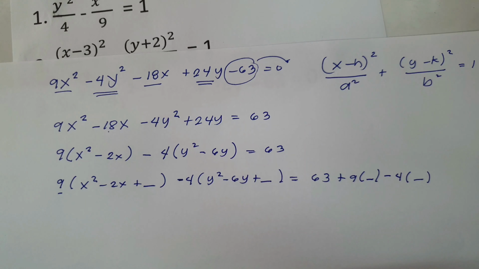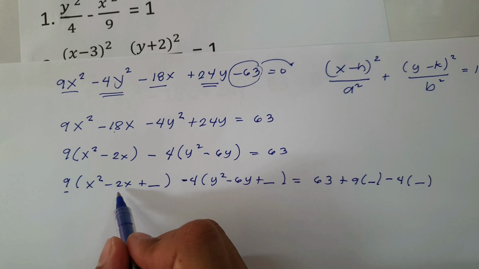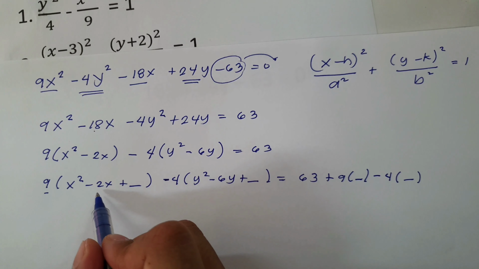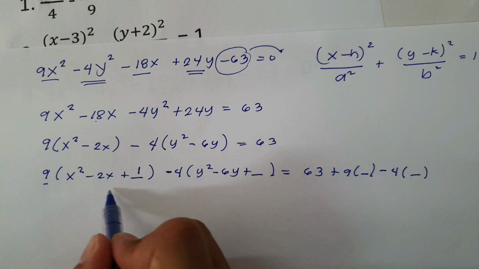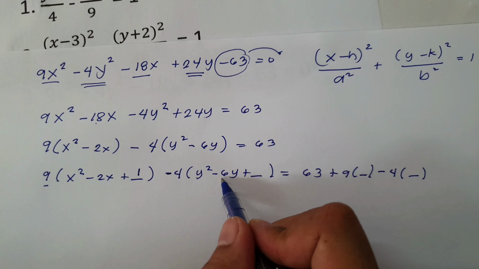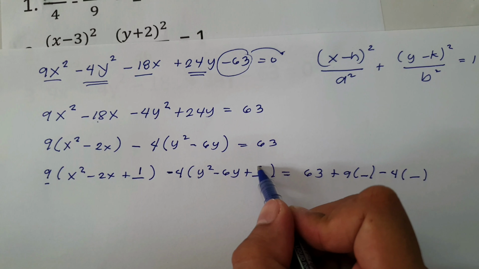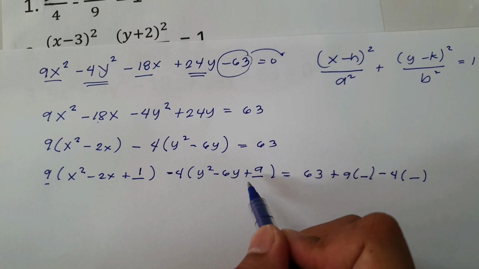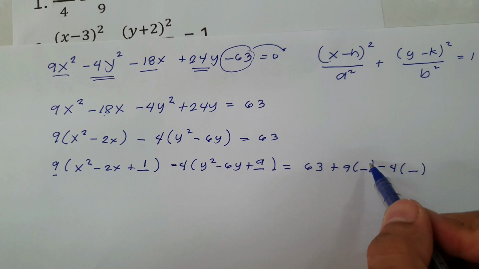Then negative 2 divided by 2 is negative 1. Negative 1 squared is 1, so we add 1 to make a perfect square trinomial. And then negative 6 divided by 2 is negative 3. Negative 3 squared is 9. So we add 1 and 9 on the left side, and we're going to add 1 and 9 on the other side.